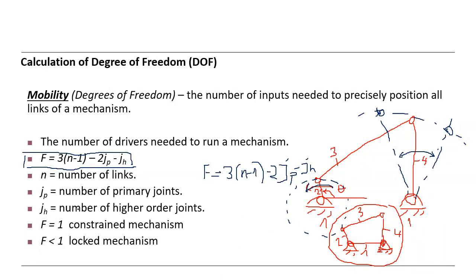And this we have to check. If F is 1, it is a constrained mechanism, that means the mechanism fulfills the motion. If F is less than 1, it is a locked mechanism, that means no motion is possible. Any of the members of the mechanism cannot move.